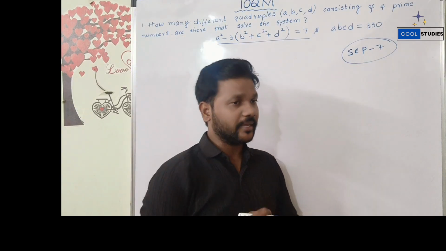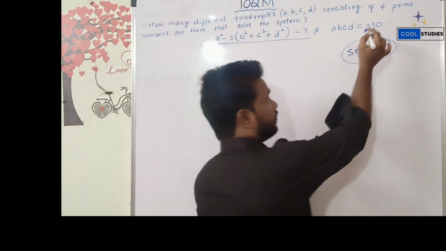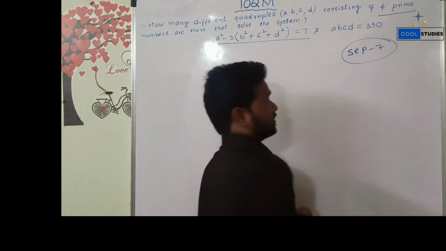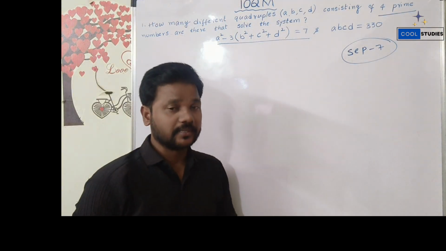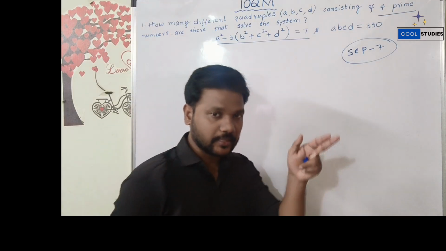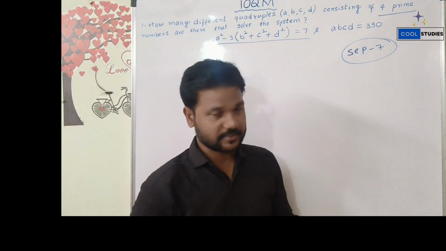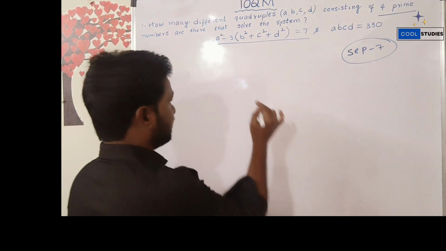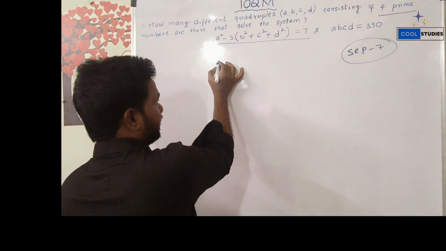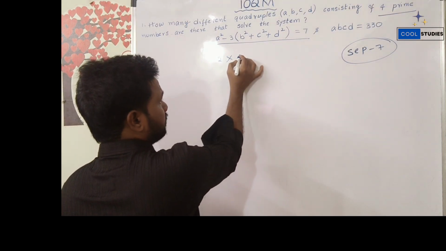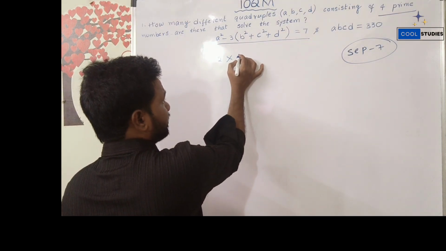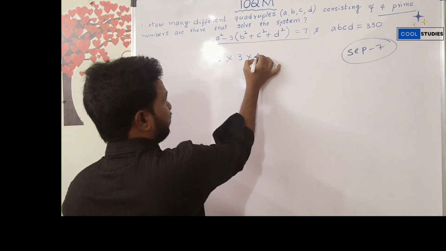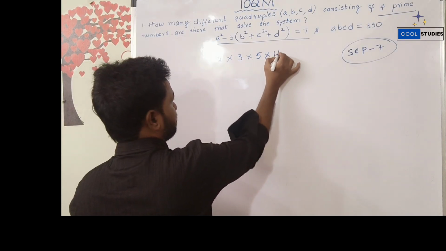So the question again, given the hint here. These four numbers are prime numbers, that is A, B, C, D are prime numbers. Let us take 330. I am writing 330 here as 2 into 3 into 5 into 11.